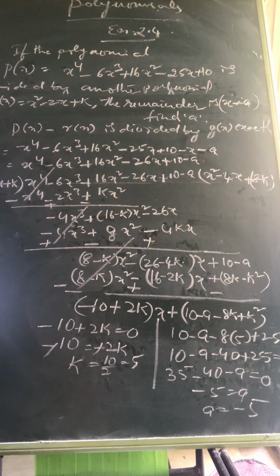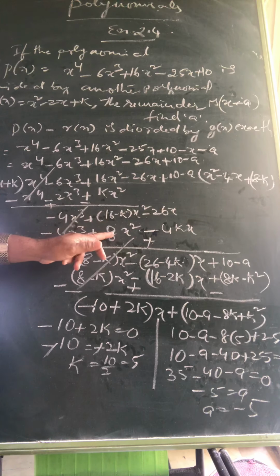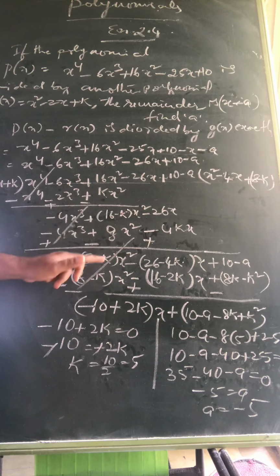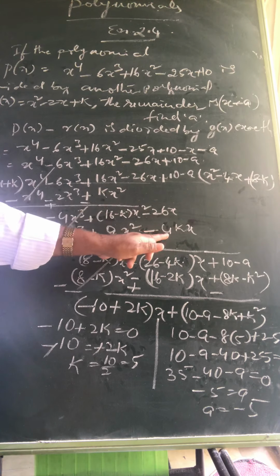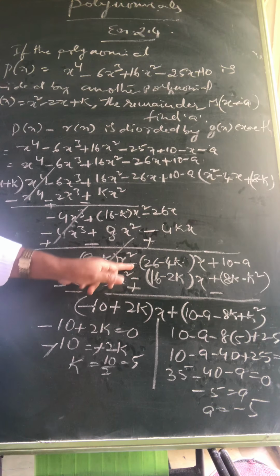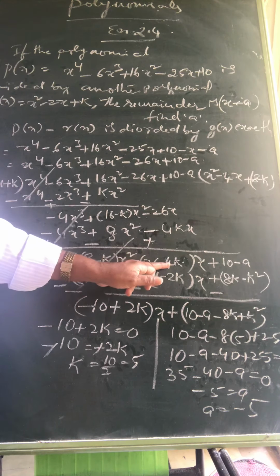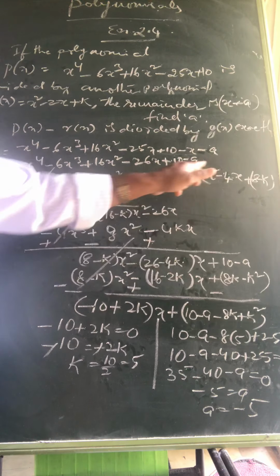Then minus 4x cube and minus 4x cube cancel, plus 16 minus k minus 8x square. That means 16 minus 8 is 8 minus k, x square, minus 26 minus 4k, taking minus as common, 26 minus 4k x plus 10 minus a.